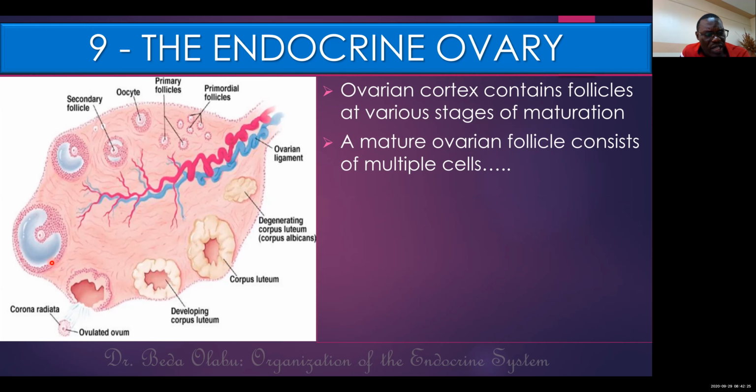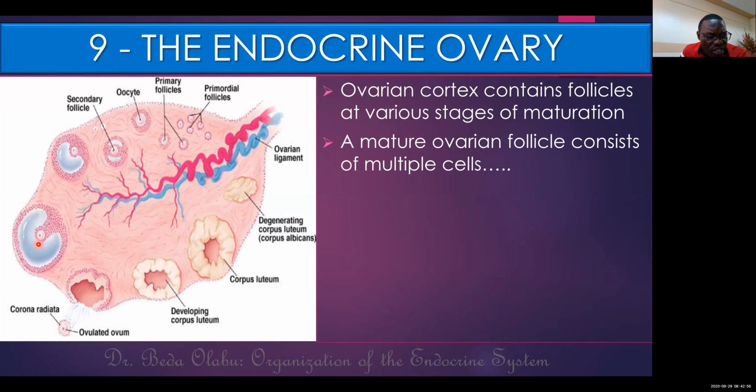We call this one the granulosa cells. And just external to that, the cells of the ovarian stroma that surround the follicle constitute the theca folliculi cells. So once again, remember these are the granulosa cells and these are the theca folliculi cells.